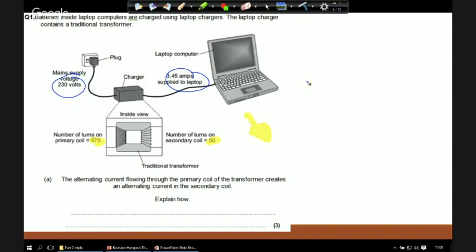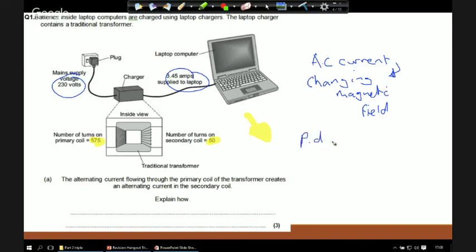Well, the changing current creates a changing magnetic field. So your AC current creates the changing magnetic field for 1 mark. This will cause a potential difference.